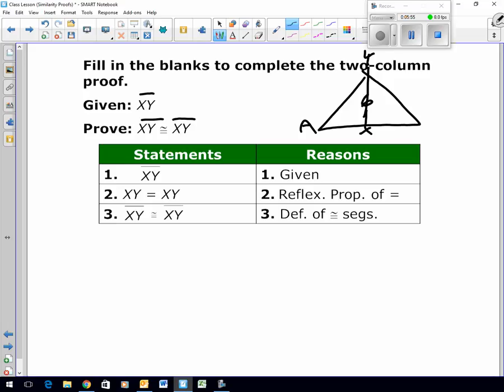In triangle BYX, what is the measurement for YX going to be? It's going to be 6, right? It has to be the same in both triangles because YX equals itself. Well, if it's equal to itself, that means it has to be congruent to itself.